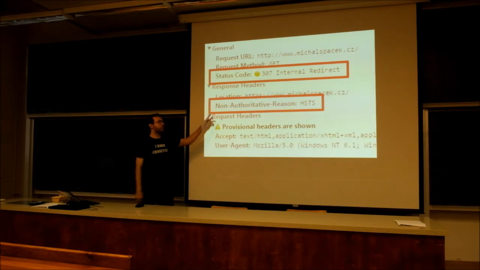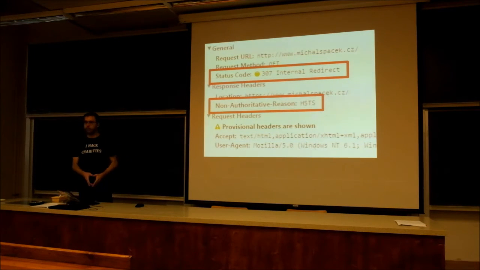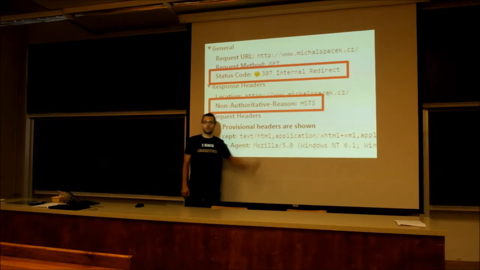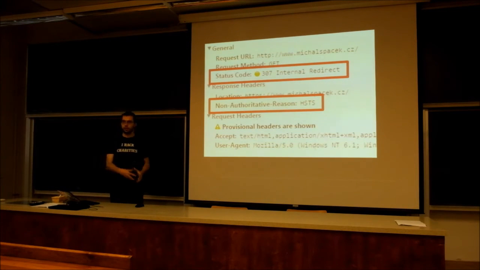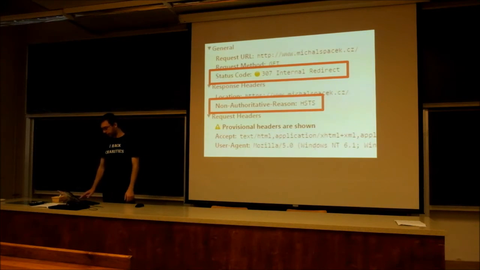So in Chrome it's implemented as a 307 internal redirect, and if you see the internal redirect, it is the HSTS. It also says that the reason is HSTS. So this is not a server response, this is the browser response, like the browser was redirected internally by itself. And then the request to the server goes in an encrypted way already.